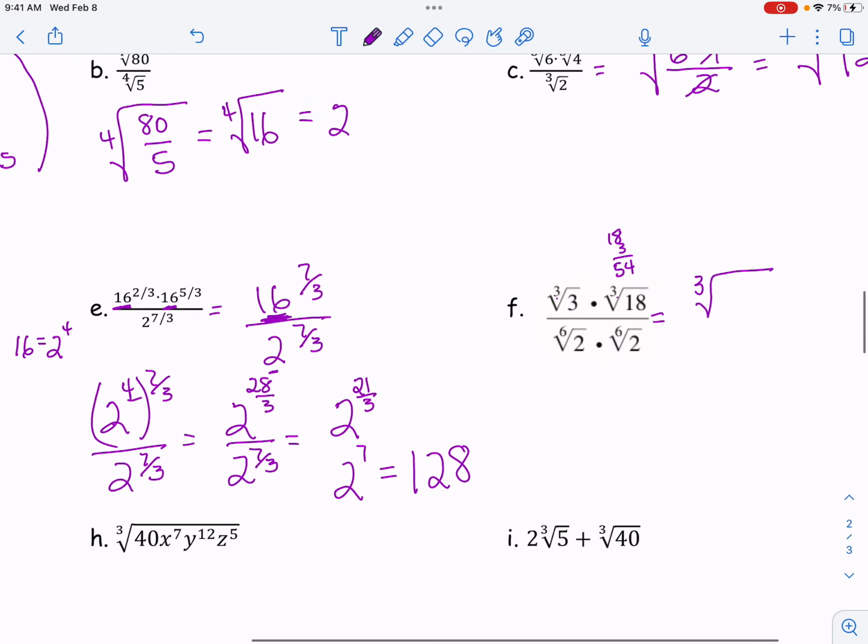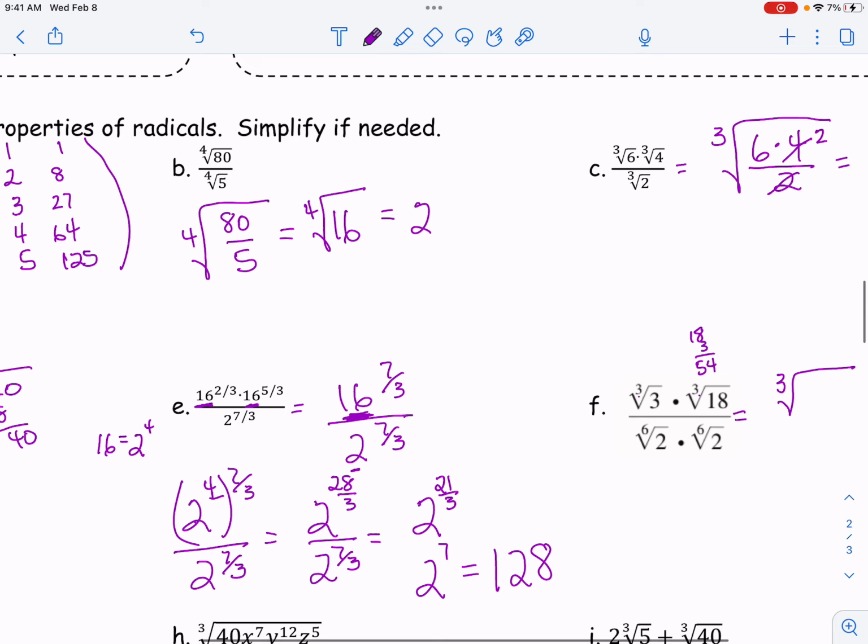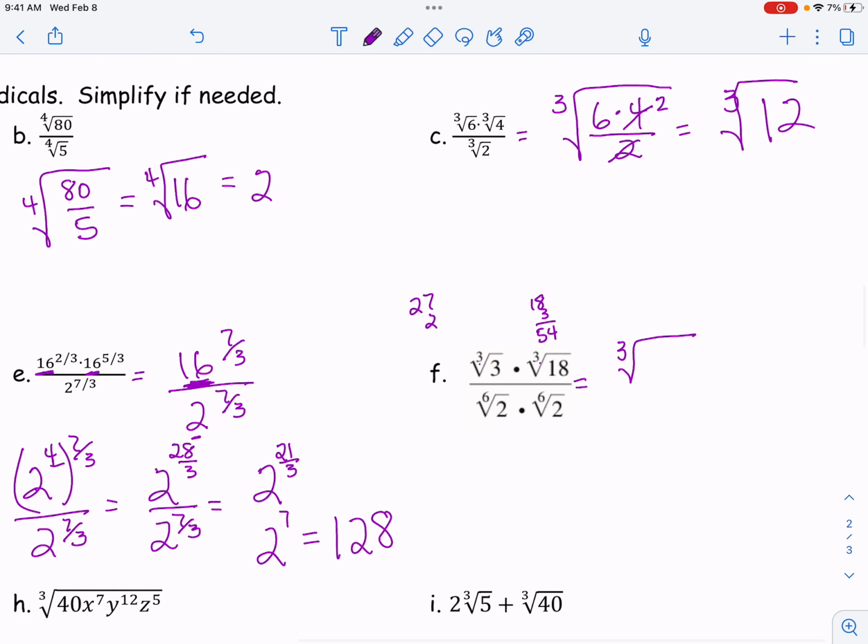The largest perfect cube number would be 27. 27 times 2 is 54. So this is 27 times 2. So it's going to be 3 cube root 2 on top. On the bottom, we have indexes are the same. They can be put under the same one. And you get the 6th root of 4.